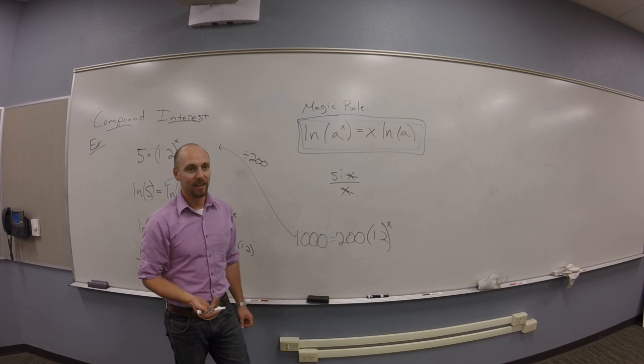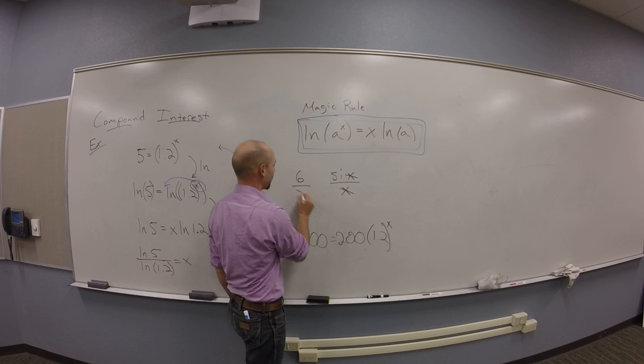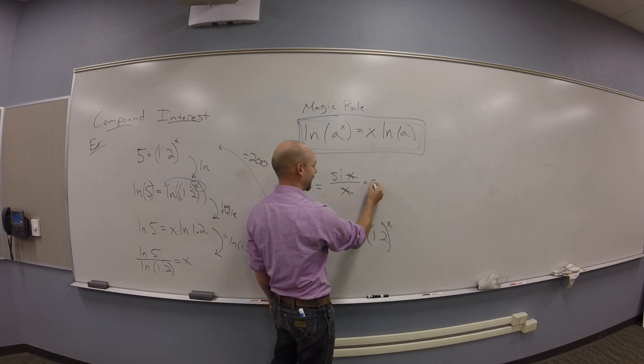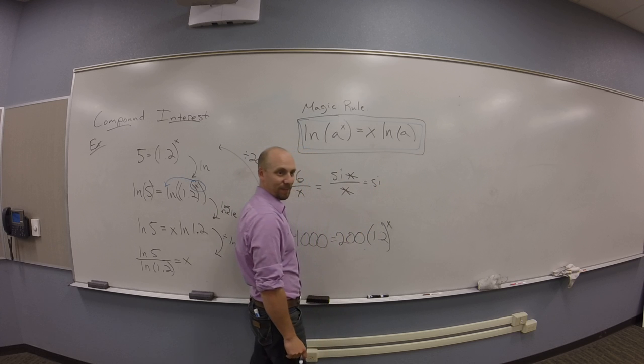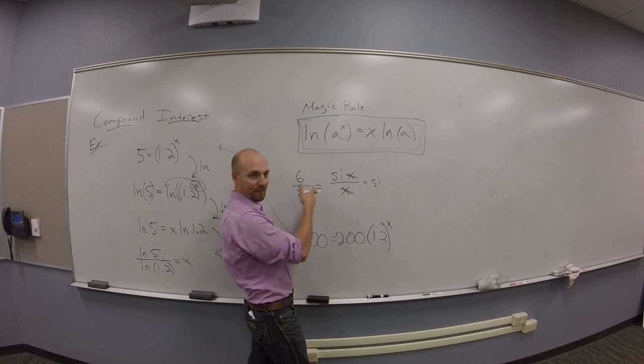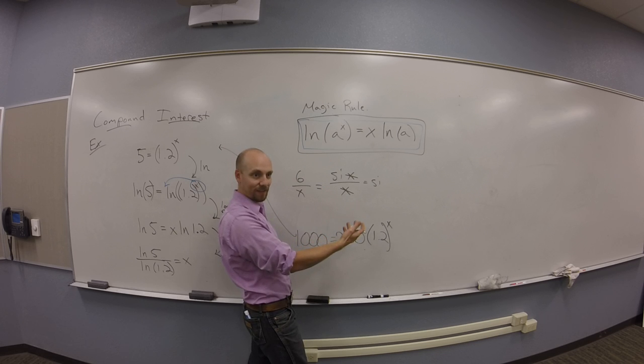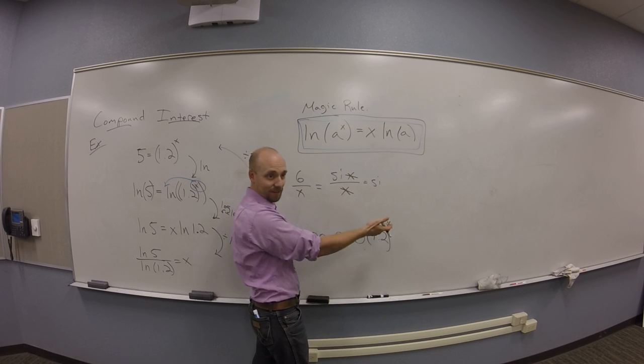You guys see that? That would be like me going, okay, I've got 6 over x, I'm going to cancel the x's, and then I get 6 out of it. I had something that made sense, and then I did some nonsense, bogus symbol canceling, and got something that didn't make sense.